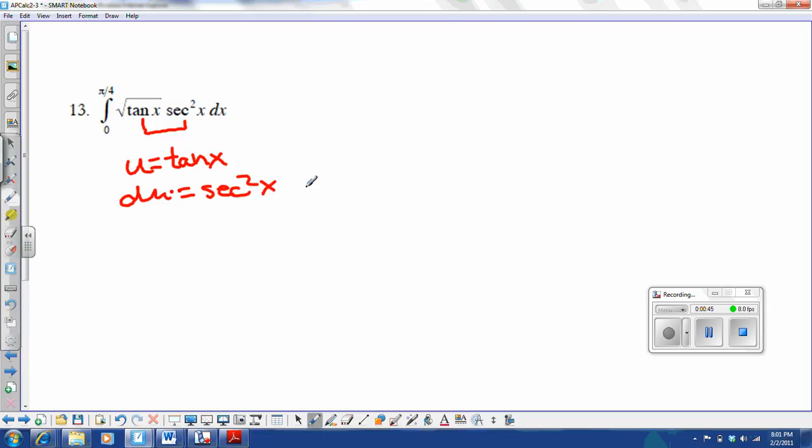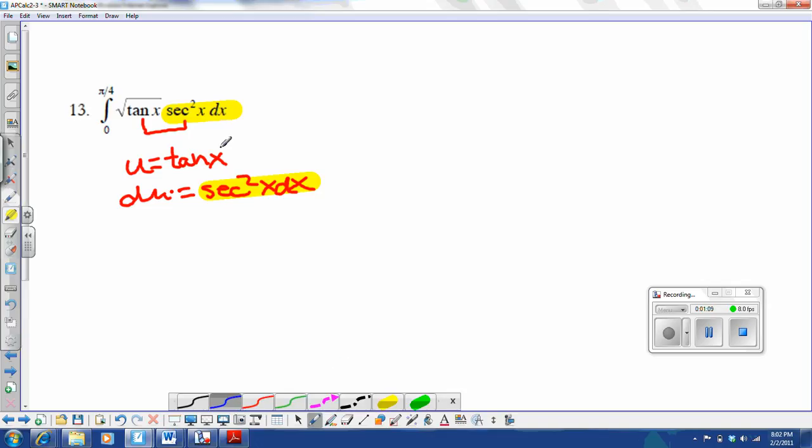So when we look at this integral, we've got du in here, and underneath the square root, we've got tangent, which is our u. So we need to make this substitution. This will make our lives a lot easier.